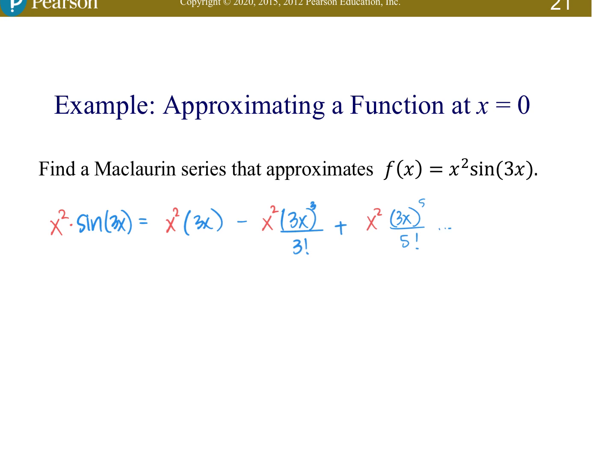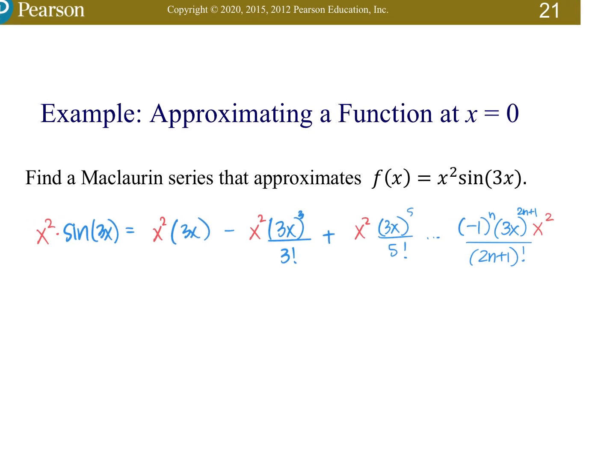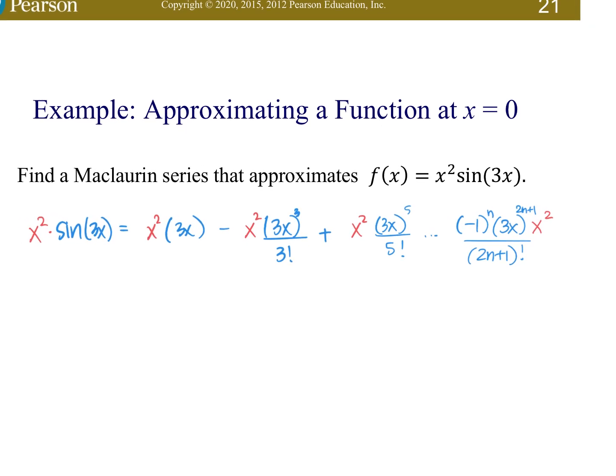So if your general term was -1 to the n, 3x to the 2n plus 1 over quantity 2n plus 1 factorial, then distribute the x squared to that as well. Okay, they're not asking you to create something totally, completely brand new.